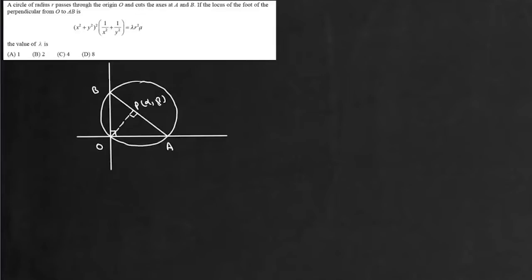Now we'll first find the equation of this line AB and then we'll find these points A and B. So slope of OP is beta upon alpha. Then slope of AB will be minus alpha upon beta.